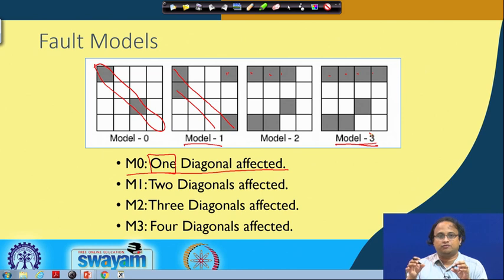If the fault is in one diagonal, it is within the fault model M1, because in M1 I am allowing 2 diagonals to be corrupted, and it may happen that out of these 2 only one is corrupted. So M0 is a subset of M1, which is a subset of M2, which is a subset of M3.